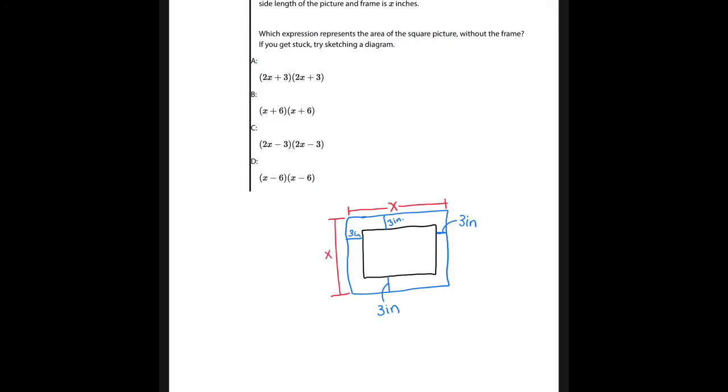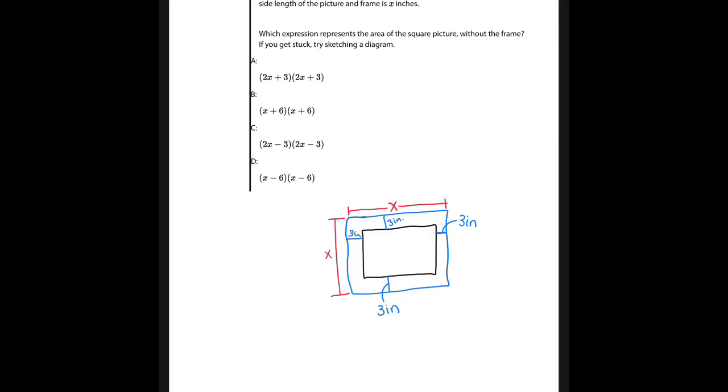Here's number 2. A square picture has a frame that is 3 inches thick all the way around. The total side length of the picture and the frame is x inches. Which expression represents the area of the square picture without the frame?